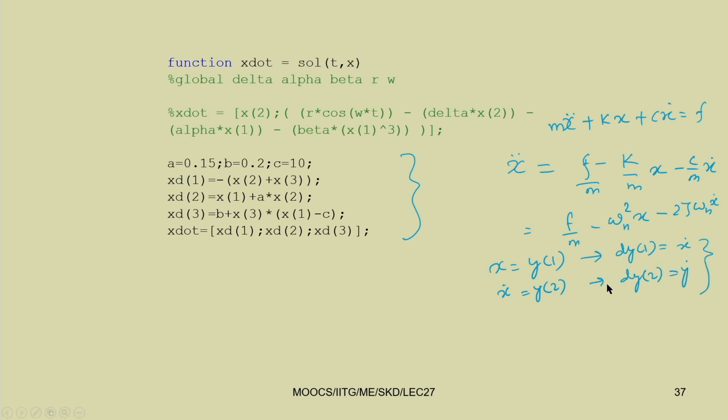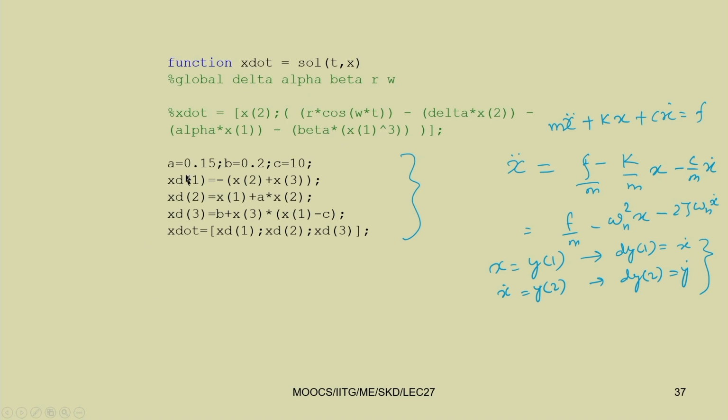So, our equations will reduce to this form. Here it is written xd1, 2, 3, 4. Another equation is written, in which xd1 equals minus x2 plus x3.